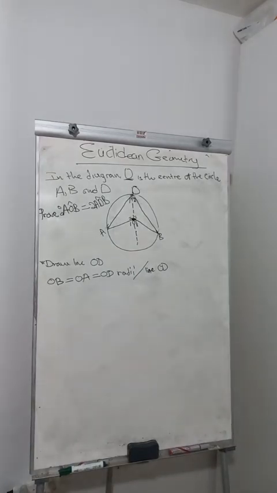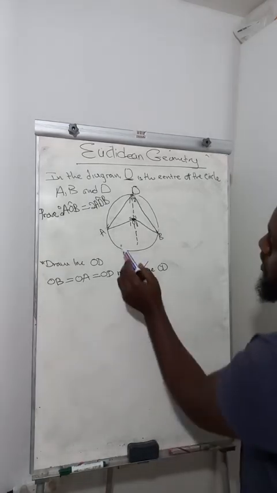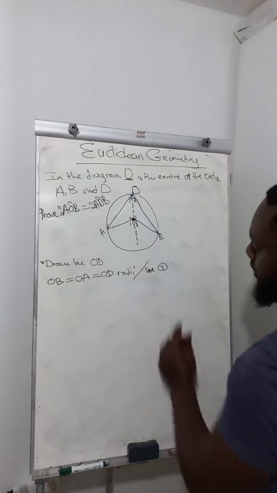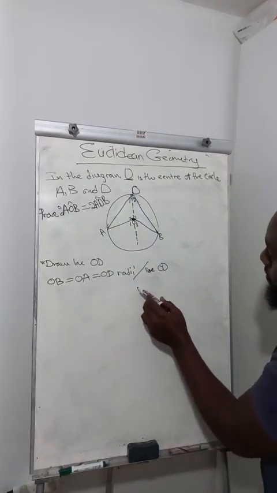Let me check if I'm not missing anything. Yeah, I think the drawing needs to be like this. So now, go ahead and calculate. Let's look at the first drawing. Let me just try to draw it here so that it can make sense.